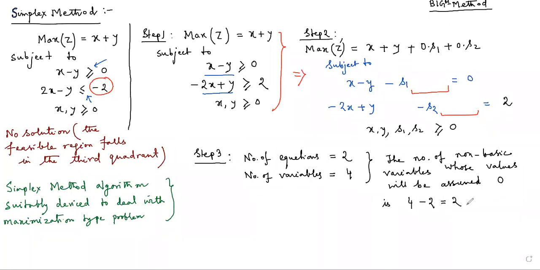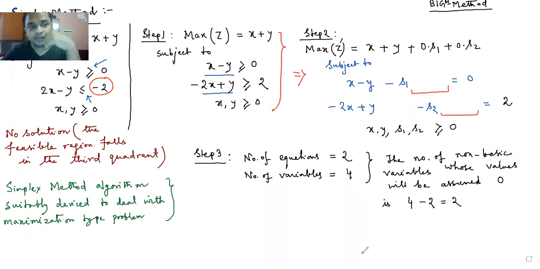Just like our previous discussion, it is saying that the number of non-basic variables is 2, because it is the difference of the number of variables and the number of equations. And among these 4 variables, we need to choose 2 variables whose values will be given 0. Okay, all right, no problem. Up to this, we all know.